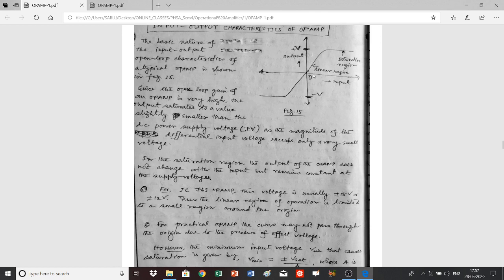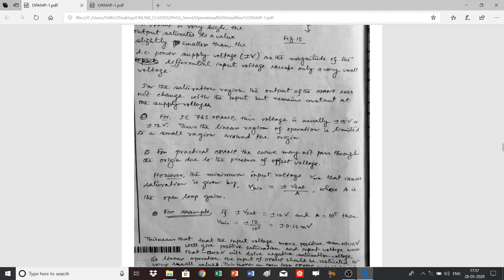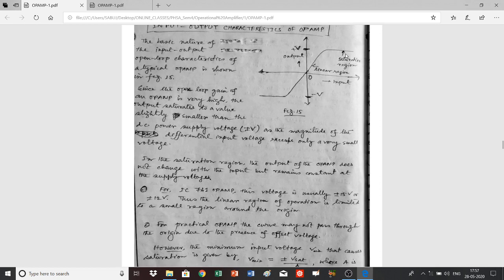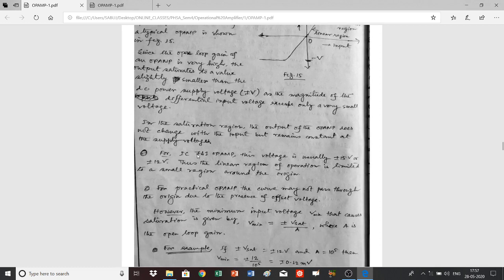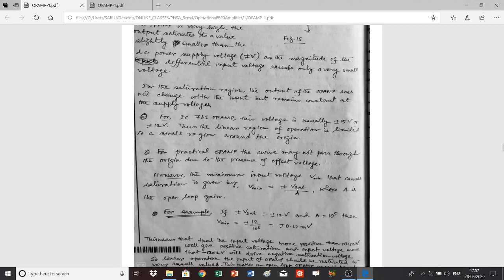The minimum difference voltage at which the output reaches the saturation value can be calculated by this relation: V minimum is equal to plus minus V saturation, that is, the saturation voltage, which is plus minus 15 or plus minus 12 volt for IC741, divided by A, the open loop gain.